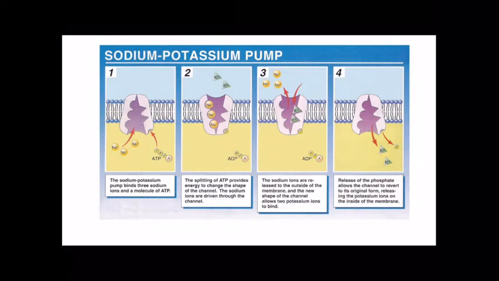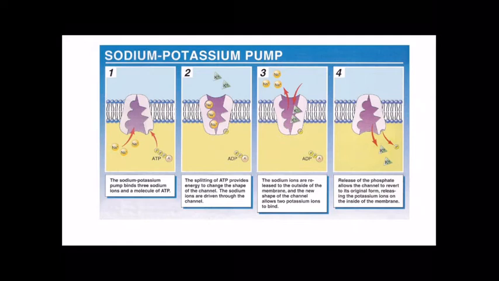The places where the sodium was attached change shape just enough for the sodium to lose its affinity to those binding sites, so the sodium comes off and goes outside the cell.